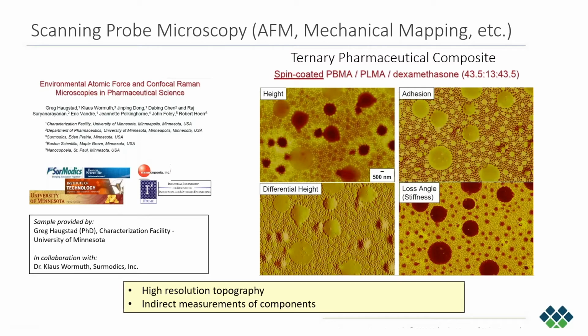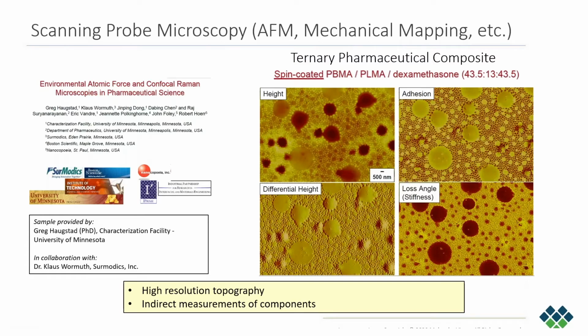So here, for example, is a kind of ternary compound. It's a pharmaceutical compound that consists of PBMA, PLMA, two different polymers, with dexamethasone, which is a steroid.